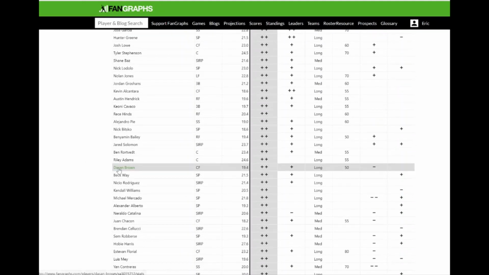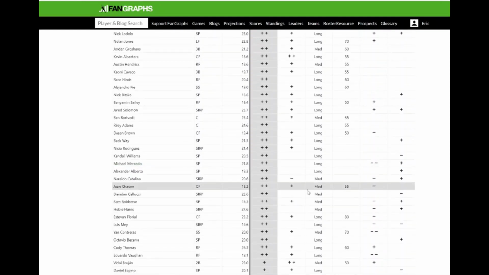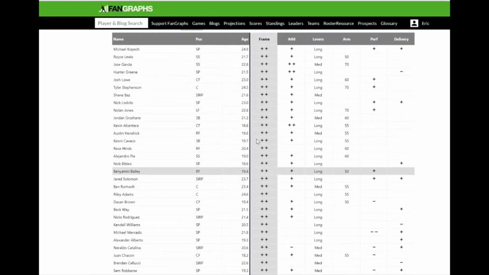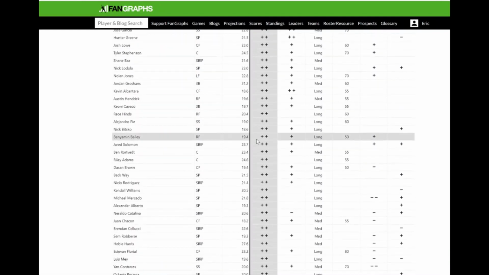So Dasan Brown and Kevin Alcantara are not those types of physical entities just yet, but they have a chance to really be. Michael Mercado, a 6'5" pitcher, might add 20 pounds of muscle without you noticing because his frame is so big, and throw really hard as a result. So these are the types of players whose frames portend athletic longevity or some amount of physical projection.